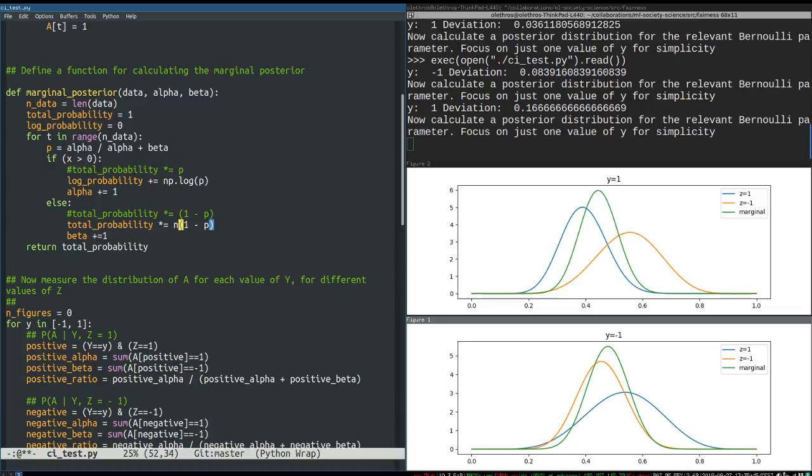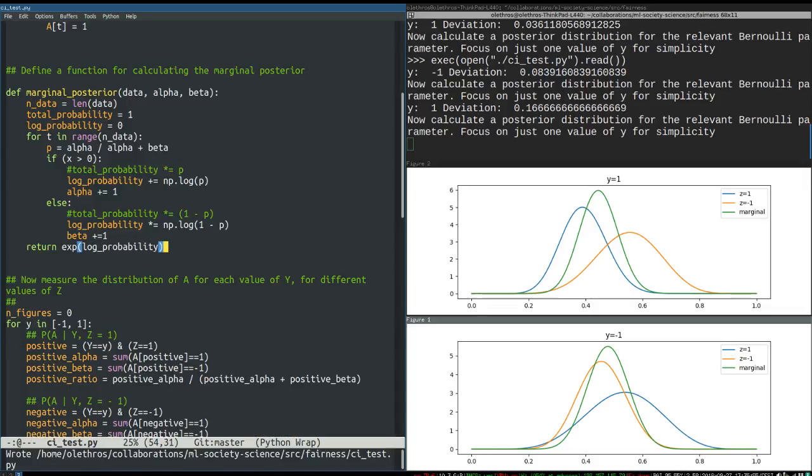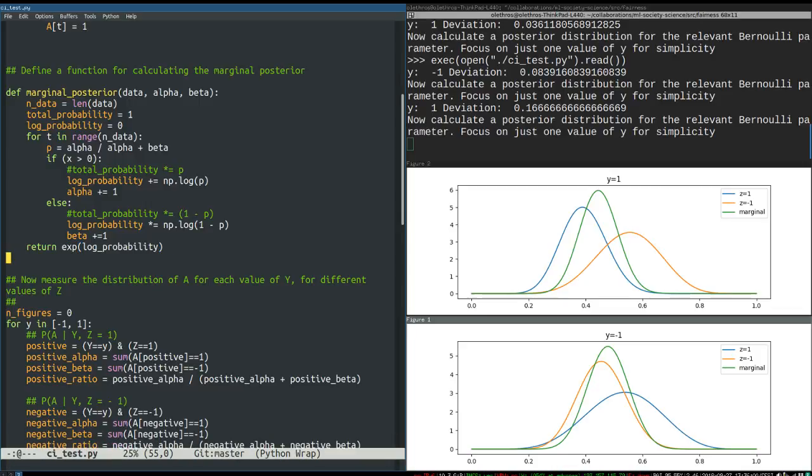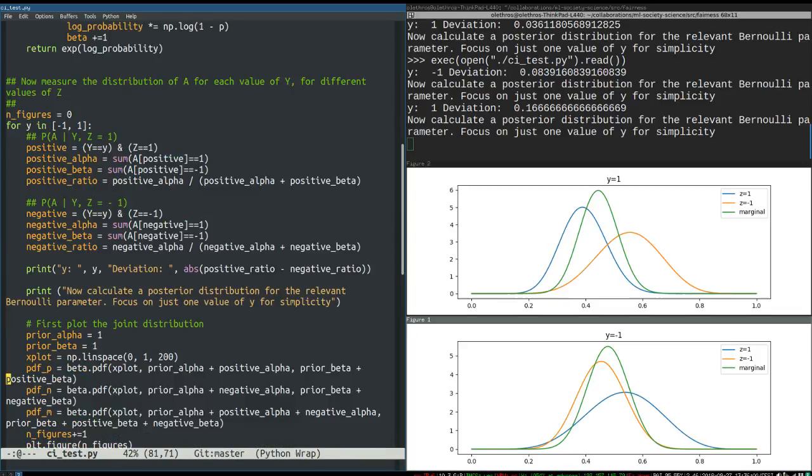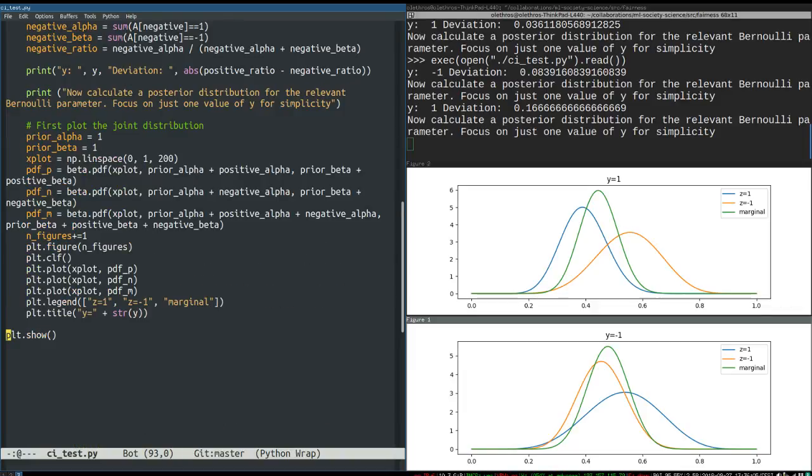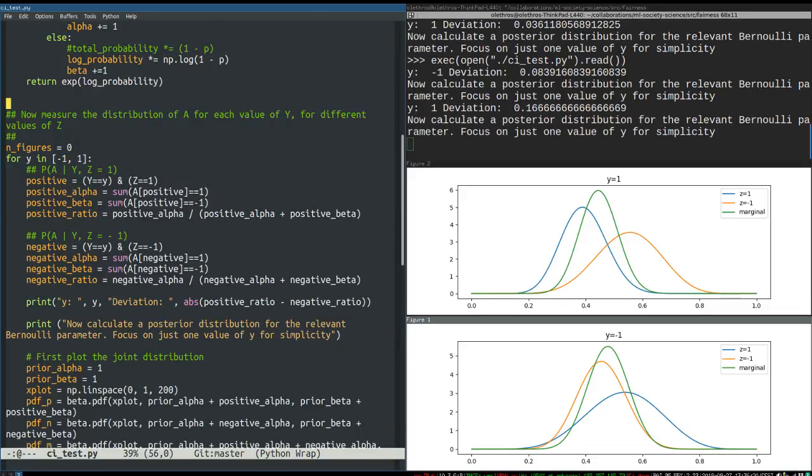And then we just return the exponential of log probability. So now we should be able to plug this in for every one of these y and z values, and say whether the model is independent or not.